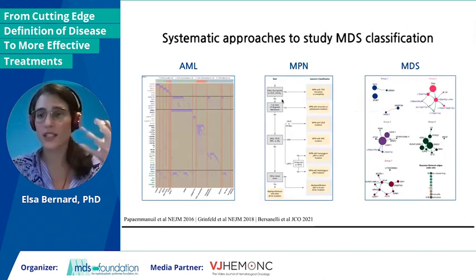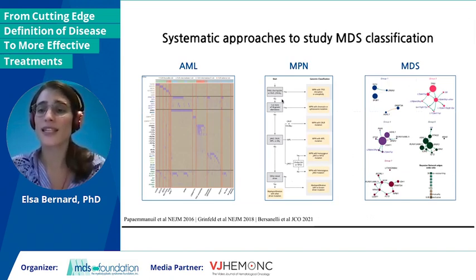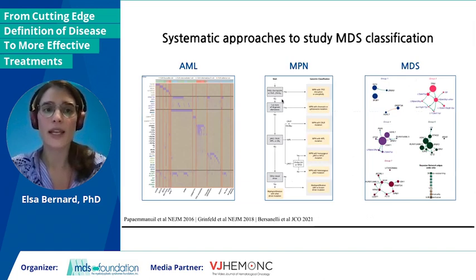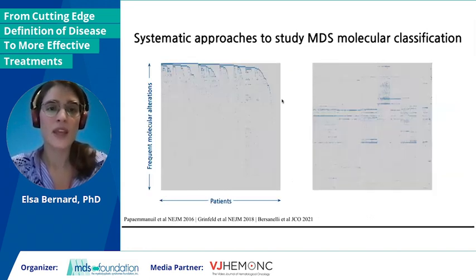But given the genetic complexity of MDS and the very diverse patterns of co-mutations, we need systematic approaches for the development of MDS genetic classifications that extend beyond univariate analysis and single gene markers. Such approaches have been successfully used across myeloid neoplasms, in AML and in MPN, and more recently also in MDS in a study published in JCO in 2021.